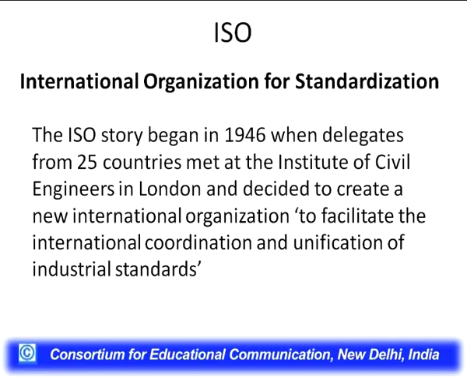This ISO story began way back in 1946 when delegates from 25 different countries met at the Institute of Civil Engineers in London and decided to create a new international organization to facilitate the international coordination and unification of industrial standards.